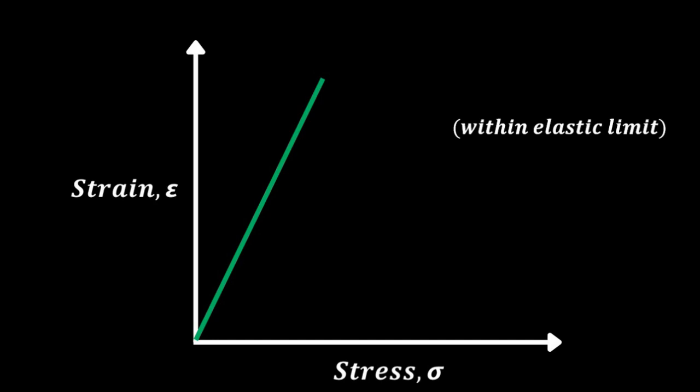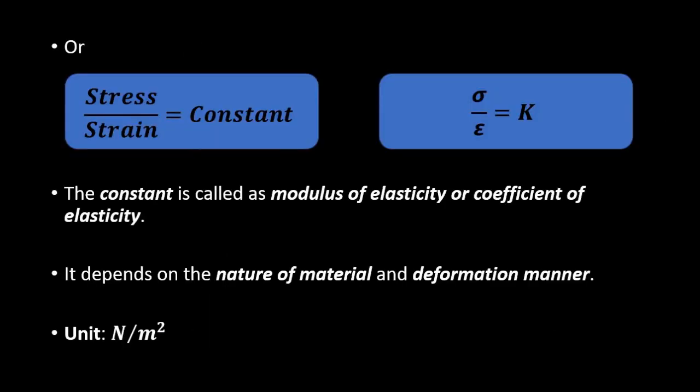Okay, the elastic limit is the maximum stress which the material can withstand without permanent deformation. That is, if the stress is removed, it returns back to its original shape and size. Now that relationship between stress and strain gives us the proportionality constant, which is the modulus of elasticity.